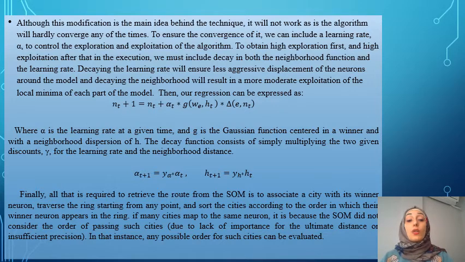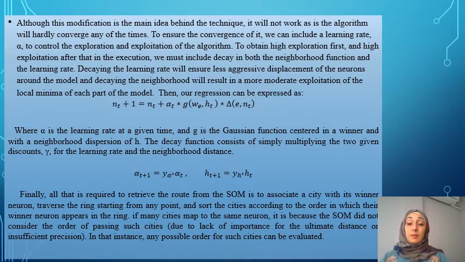Finally, all that is required to retrieve the route from the self-organizing map is to associate a city with its winner neuron. It traverses the ring starting from any point, and sorts the cities according to the order in which their winner neurons appear in the ring.